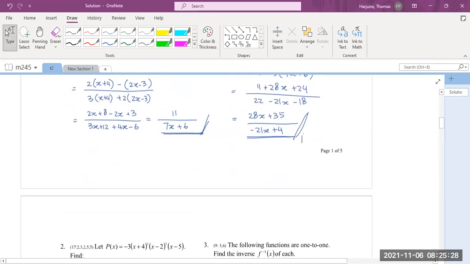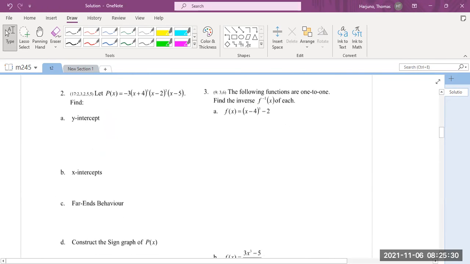Page 2. We have a polynomial, negative 3 times (x plus 4) cubed times (x minus 2) squared times (x minus 5). This is a polynomial that is already in factored form. So how do we find the y-intercept? P(0) equals negative 3 times 4 cubed times negative 2 squared times negative 5. Just multiply this all over.